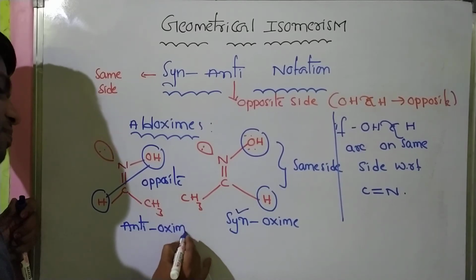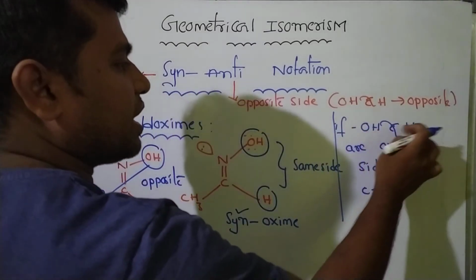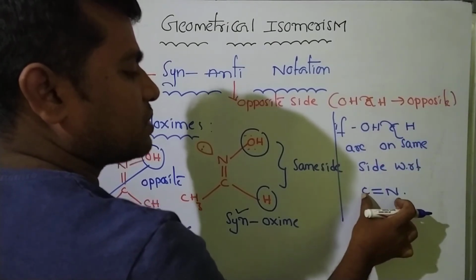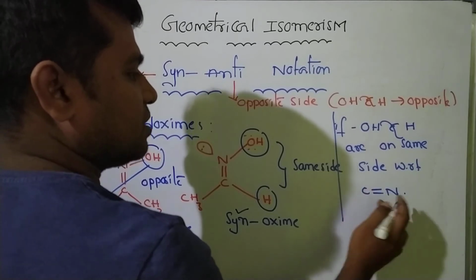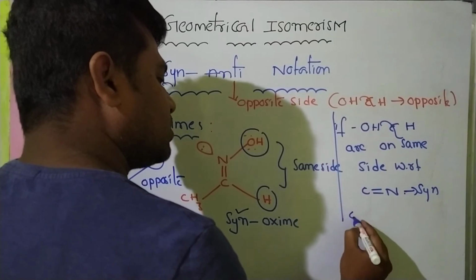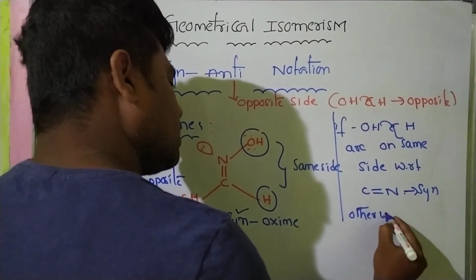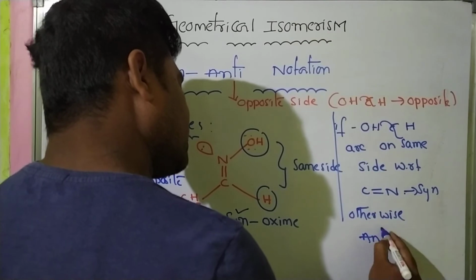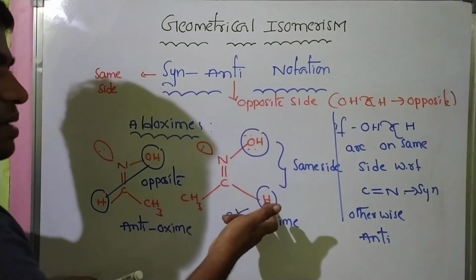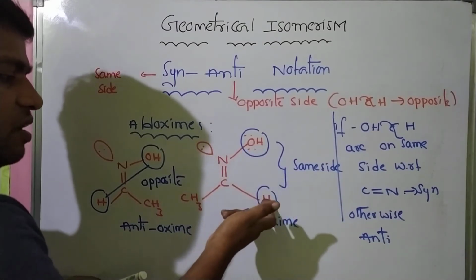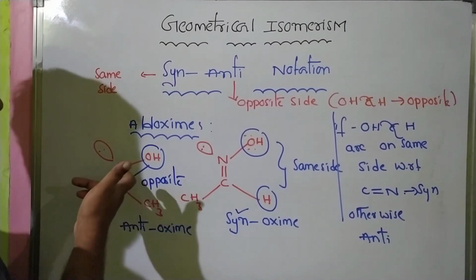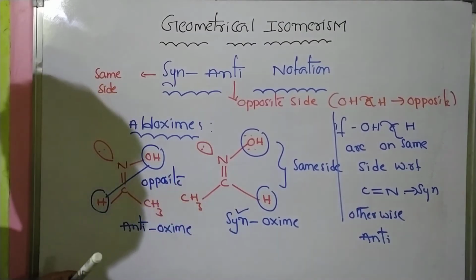Anti-oxime, very easy concept. If OH and hydrogen atoms are on the same side with respect to the carbon nitrogen double bond, it is called syn. Otherwise, anti-isomer. If OH and hydrogen are on the same side, that is a syn oxime. If OH and hydrogen atoms are on opposite sides, anti-oxime.